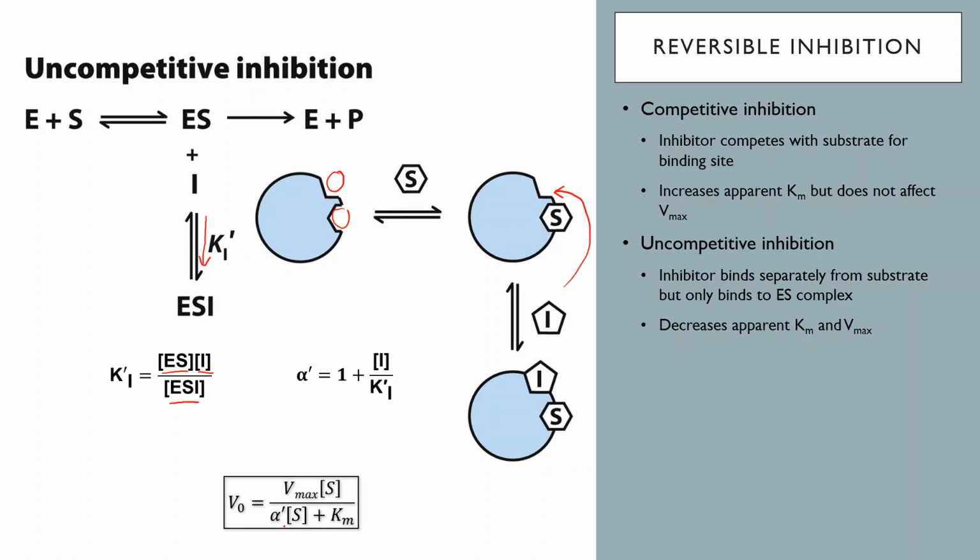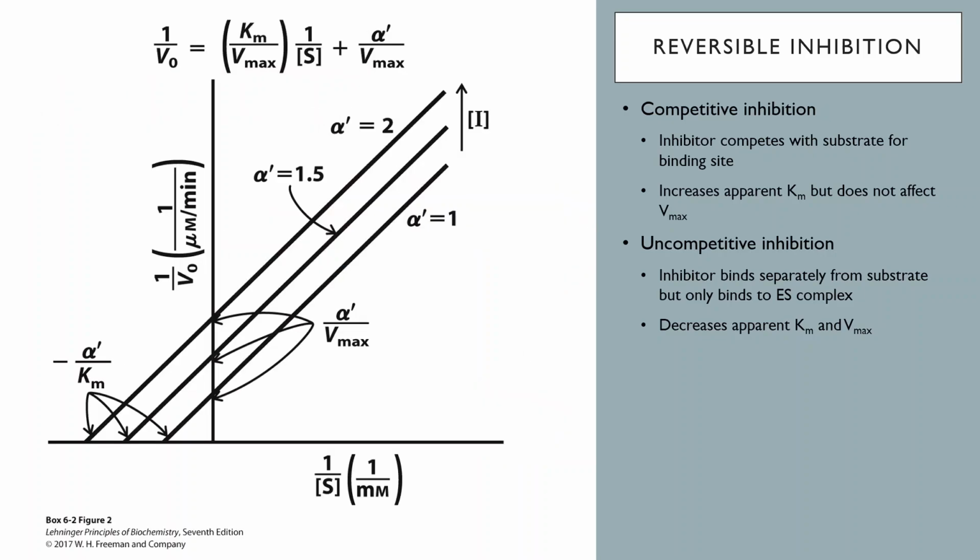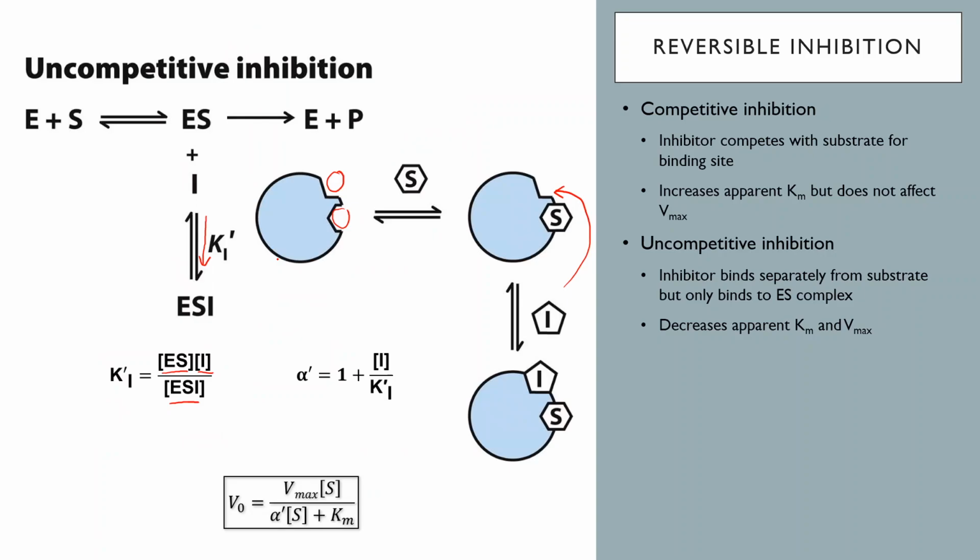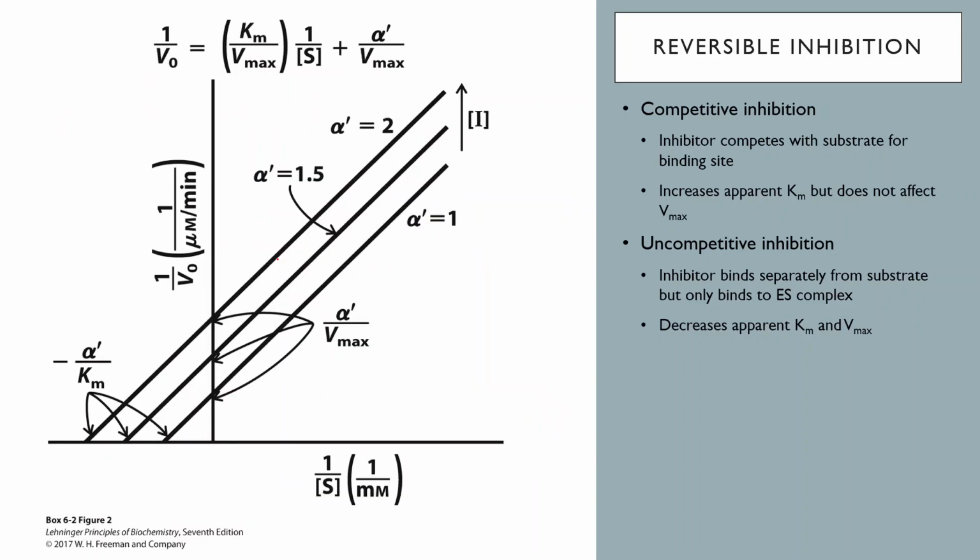So effectively, in this case, the Km is not going to appear different necessarily, but when we take the double reciprocal plot, what we see is that now this alpha prime value shows up over here in our intercept value, but doesn't affect the slope.